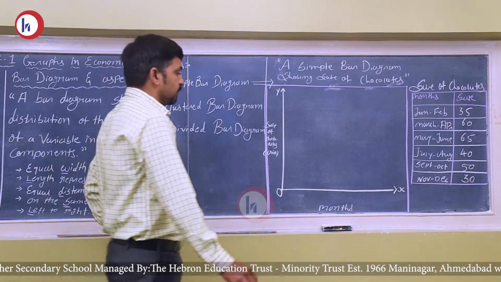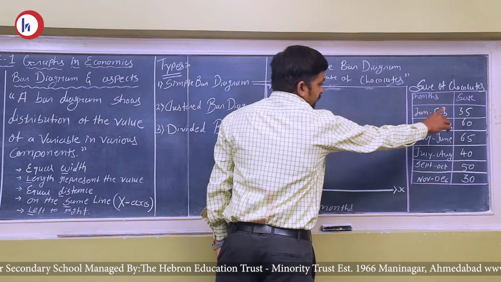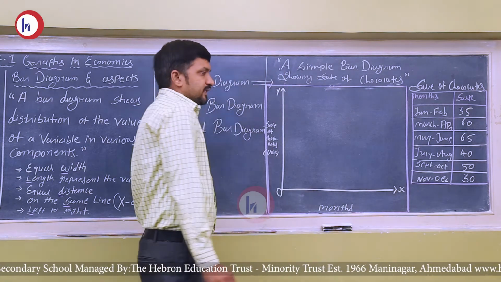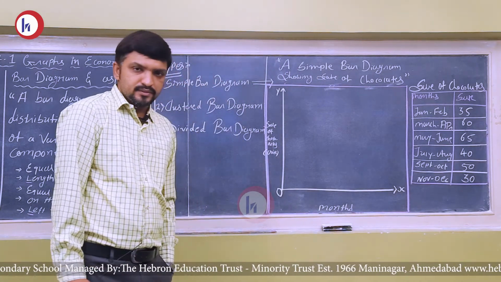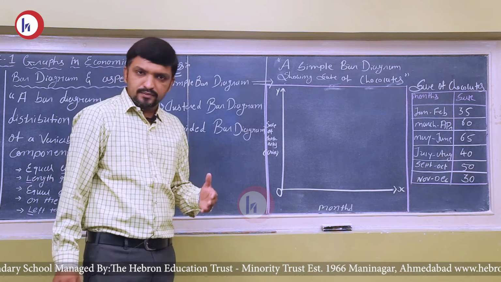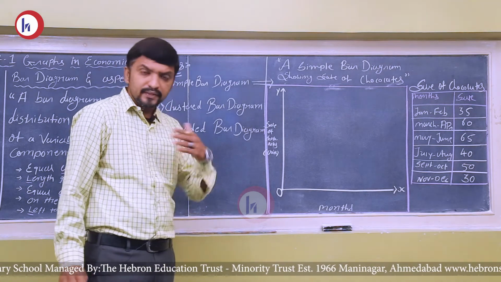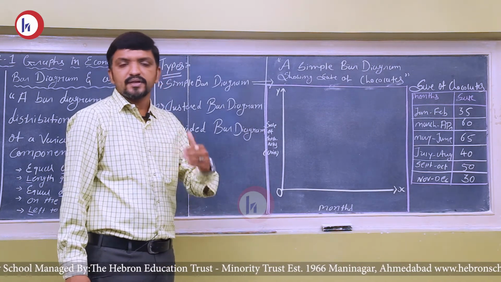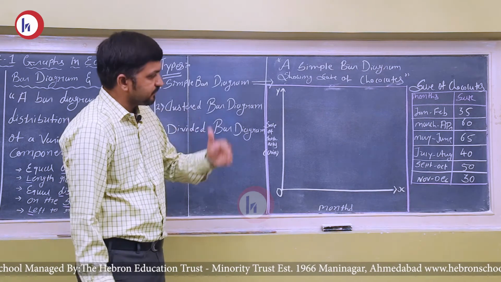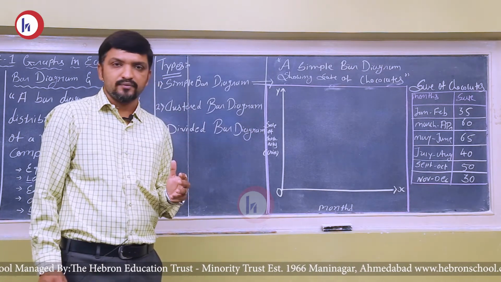Now, the minimum sale is 30 units and the maximum sale is 65 units. So we can start with 20, or we can start with 30 itself, then 30, 35, 40, 45, 50, 55, 60 and 65 at last.